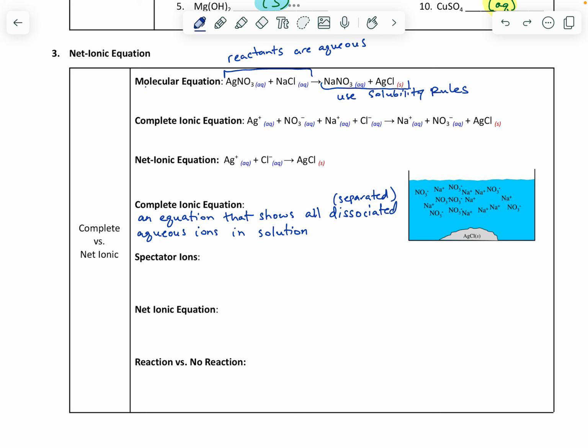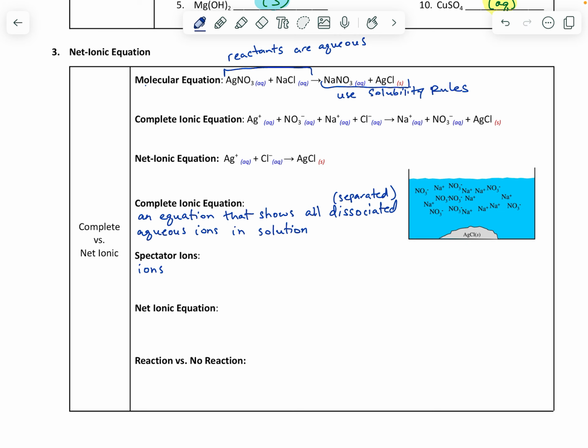So that's what these ions are called. They are ions that do not participate in the reaction. In this reaction, when I look at these spectator ions, I like to identify them and then cross them out so that I know that they're not really playing a role in anything.